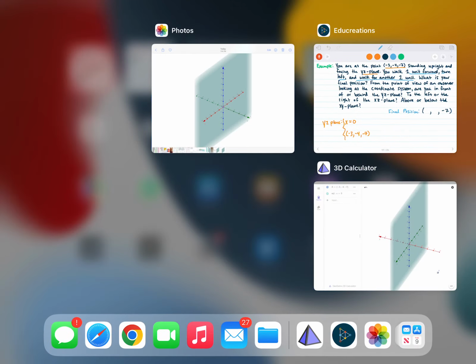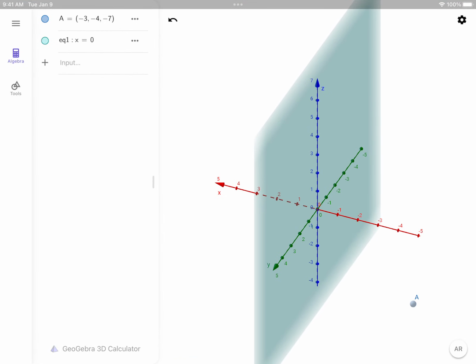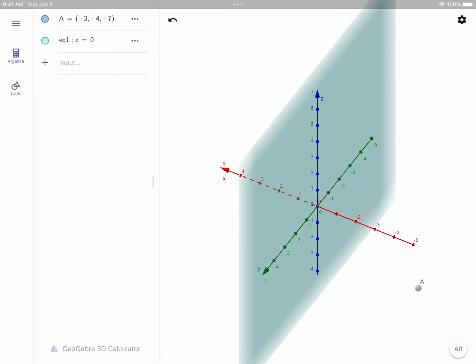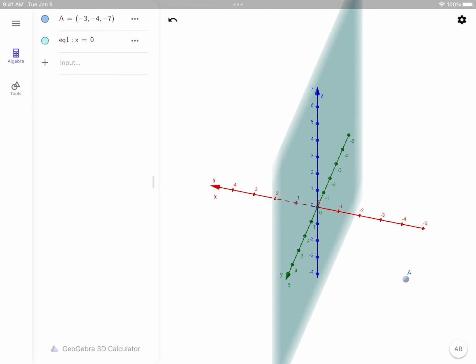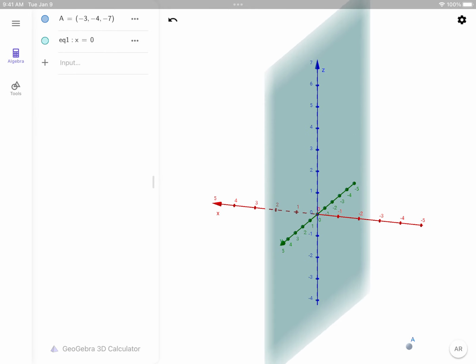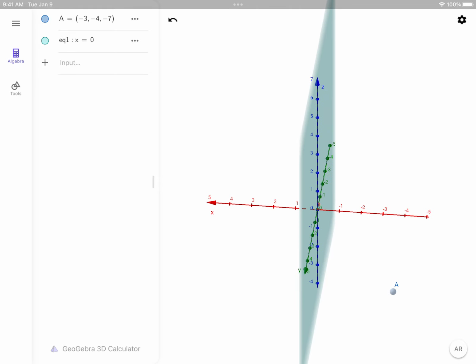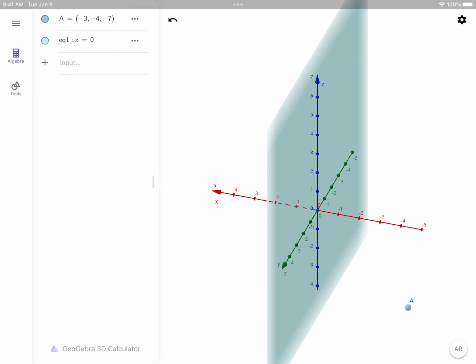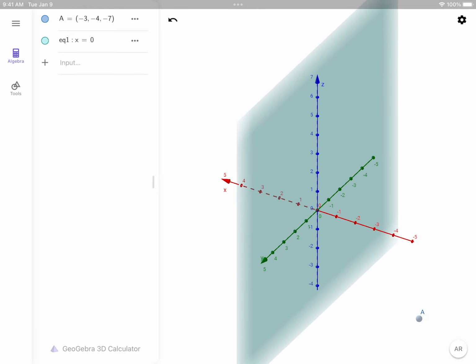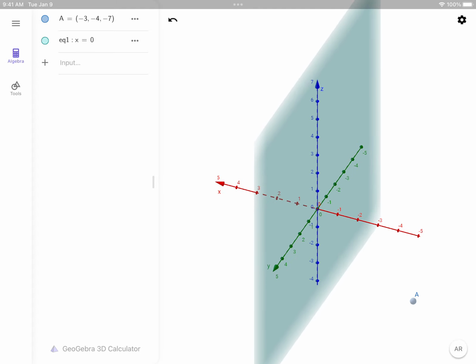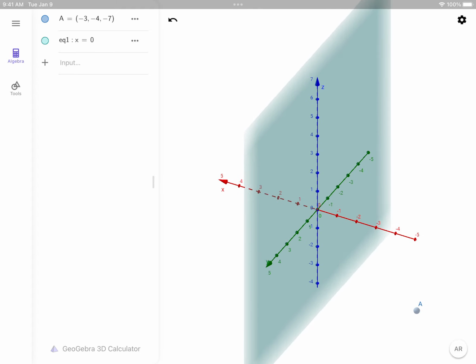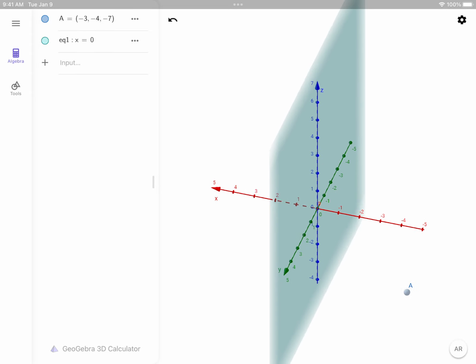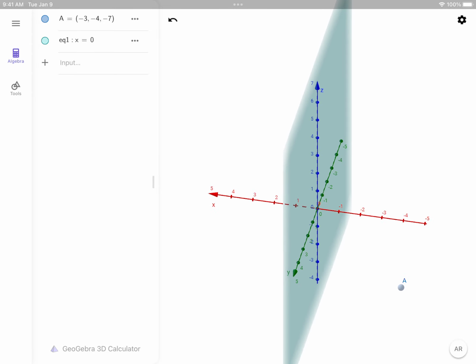So if we go back to our picture here, what we can see with A is if we walk forward, we're moving in the x direction, and you guys can tilt this to see it however you want. But when we're walking forward, imagine walking towards the YZ plane. We are getting less negative and more positive.